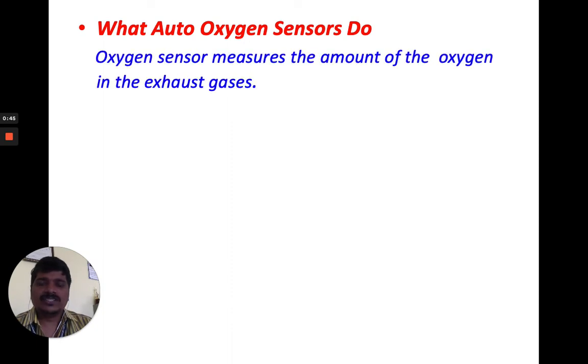The oxygen sensor measures the amount of oxygen in the exhaust gases. As we know, the outlet of the engine system is the exhaust, which comes out of the vehicle.